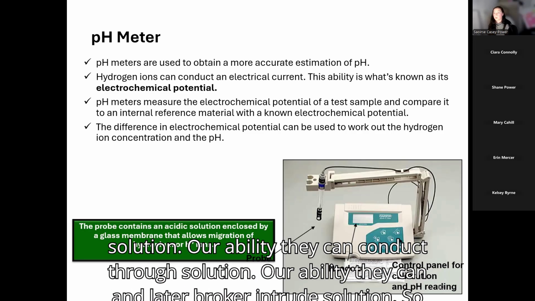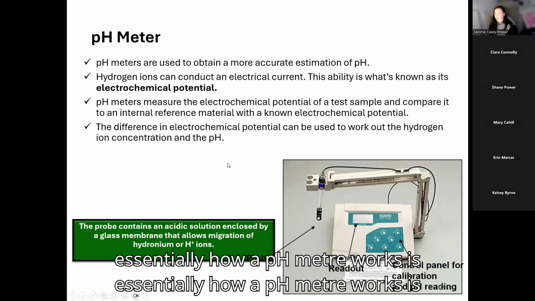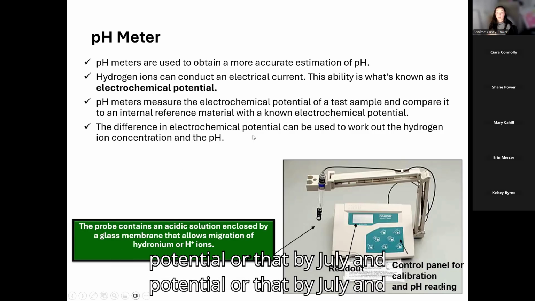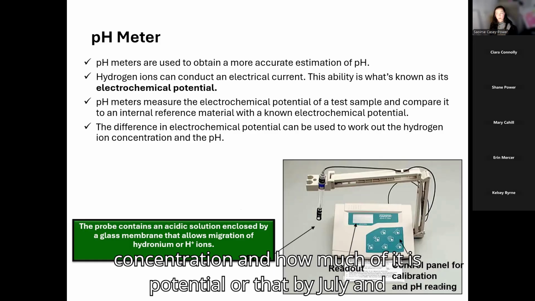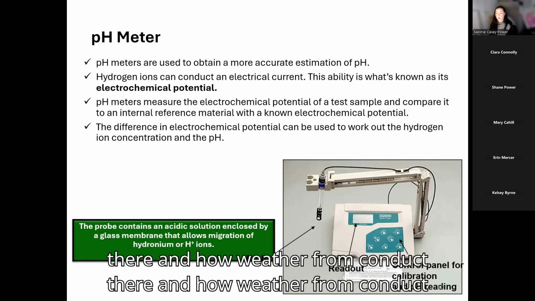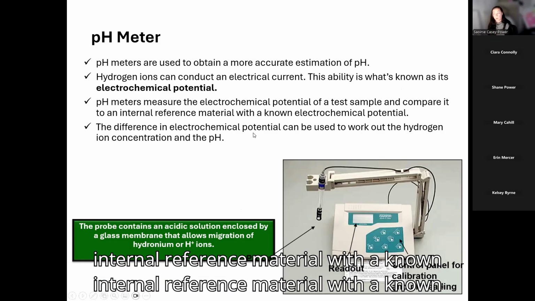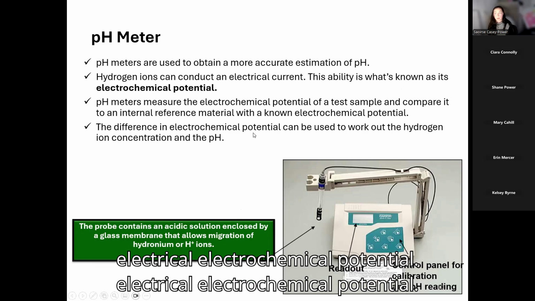So essentially, how a pH meter works is that it measures the electrochemical potential, or the hydrogen ion concentration, how much of it is there and how well it can conduct that electrical current, and it compares it to an internal reference material with a known electrochemical potential.